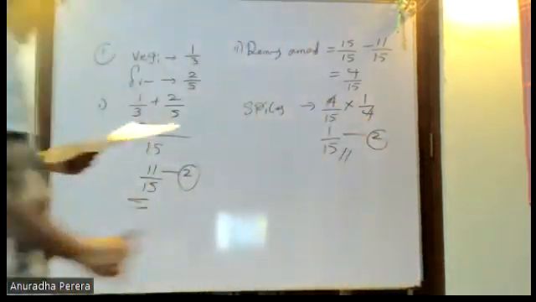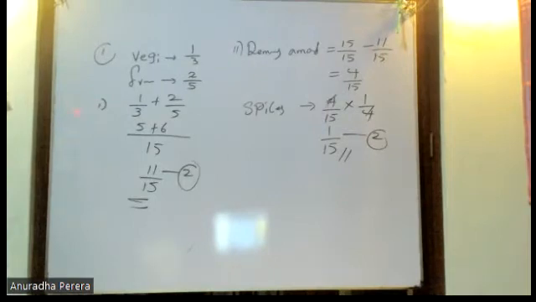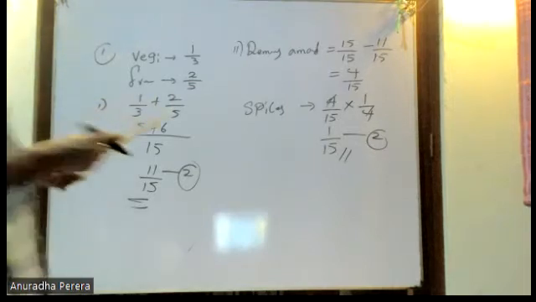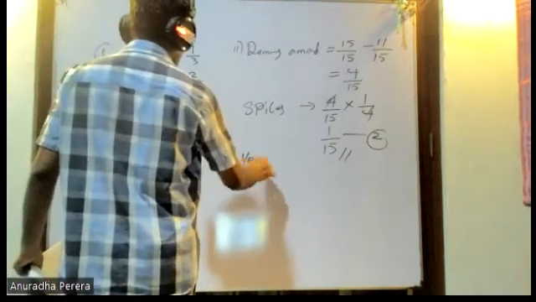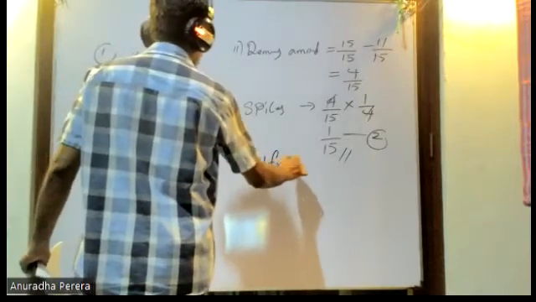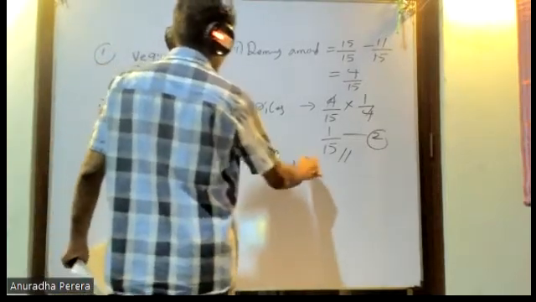Third one. If the remaining 45,000 is to be spent on cultivating flowers, how much was the total amount allocated for the cultivation? Now we can determine vegetables, fruits, and spices.